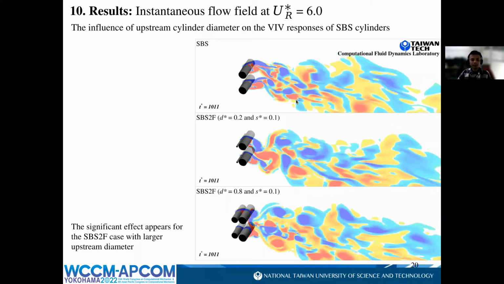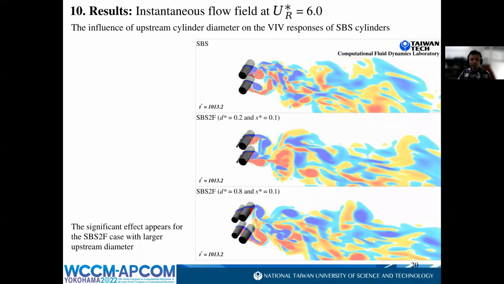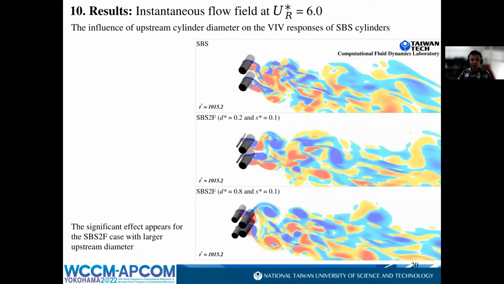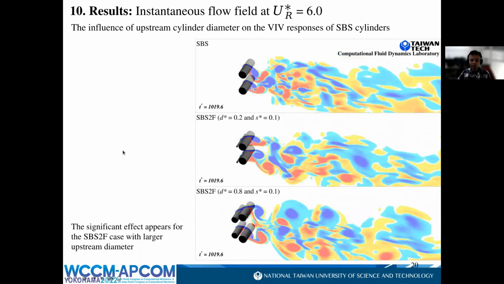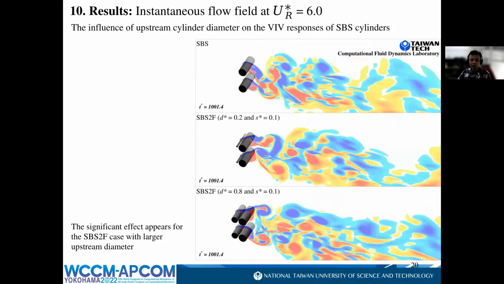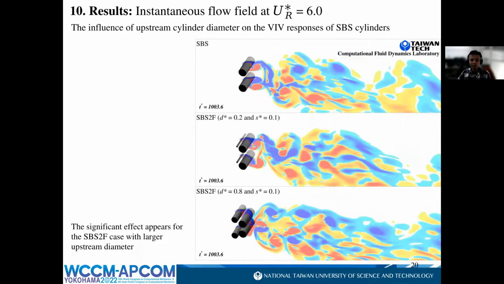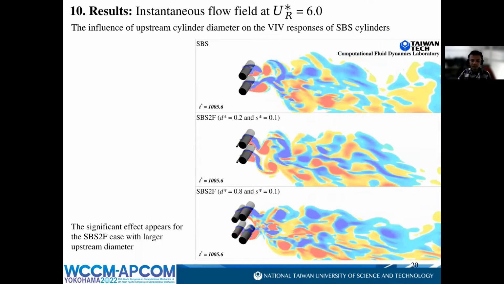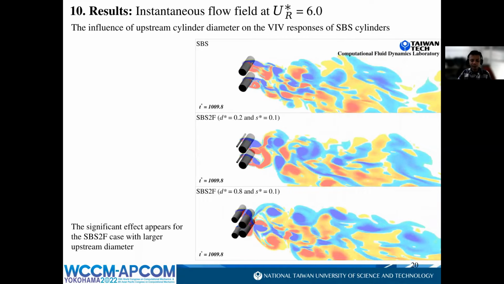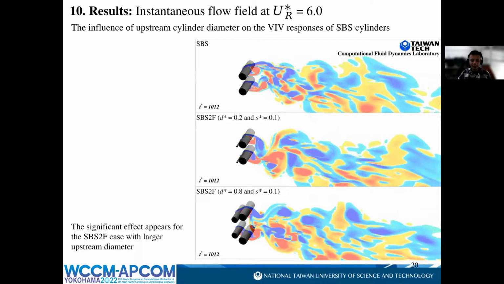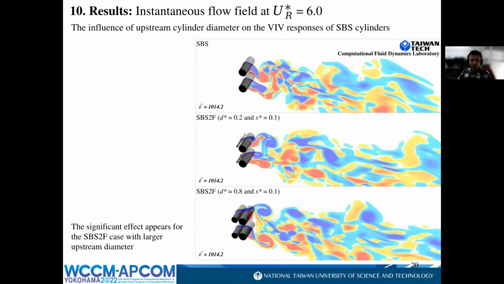Next, this is the animation for the case with the different diameter. We render this one at UR equal to 6, and also we render using the span-wise vorticity at the center plane of the domain. We can observe the significant effect for the SBS to F with the larger diameter.